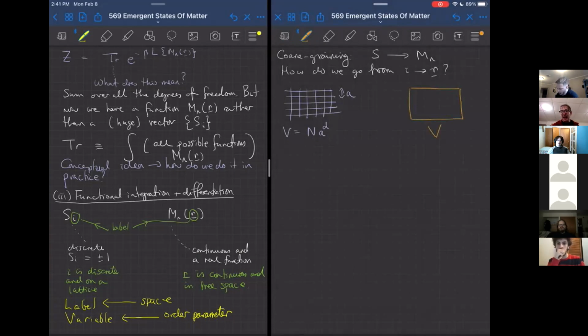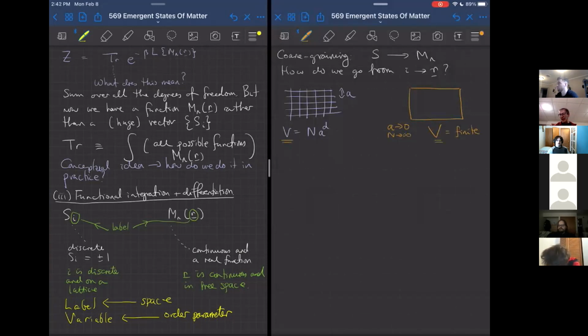I don't see any lattice because what I've done is I've taken the limit A going to 0 and N going to infinity and V is still finite. So it's the same V as I have over here.